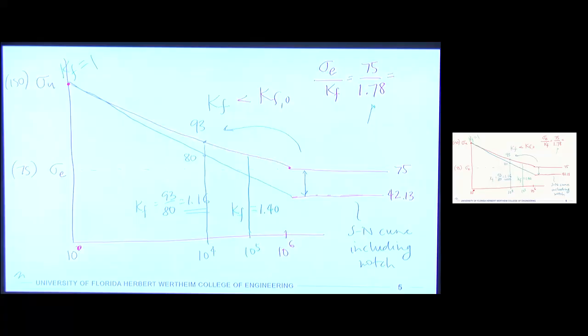If we don't have 10 to the 6 cycles, we don't have infinite life. We have a safety factor on that of like 0.86. Let's take it down 1 decade and guess that our life will be something close to 10 to the 5th, and then we'll see how close we are with that.